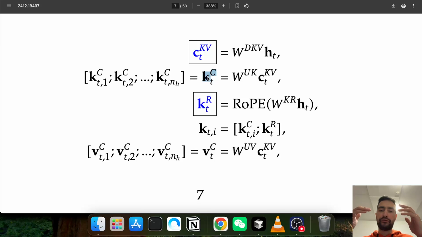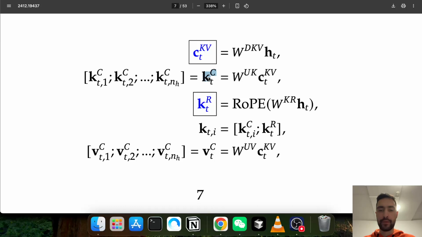So now the logic here seems to be, you have a very large token. You create a small matrix that says how to create a key. And if you remember, key says which kind of context this token holds.